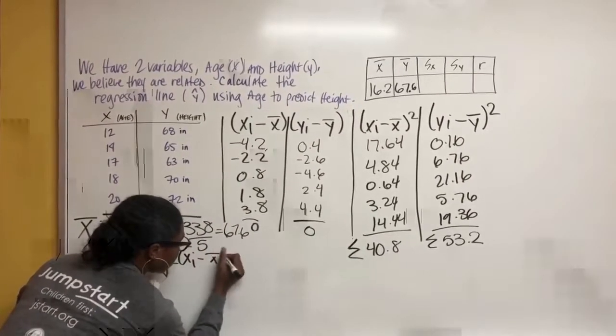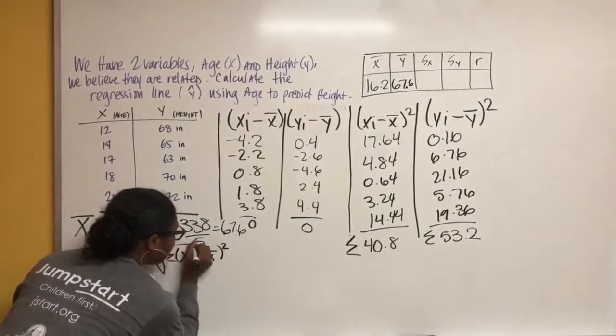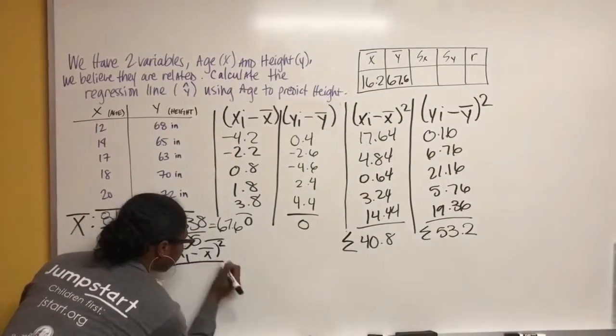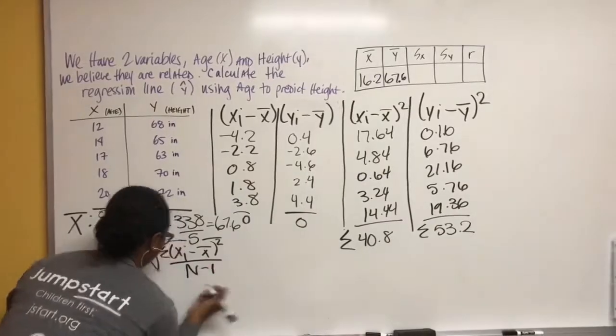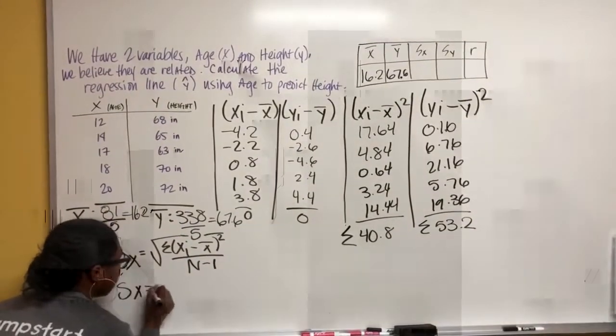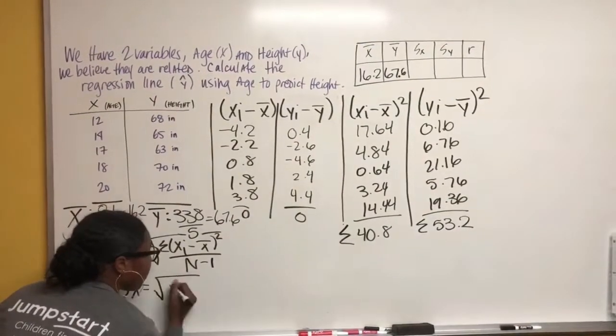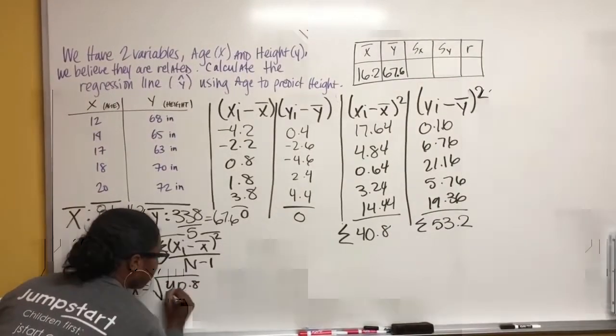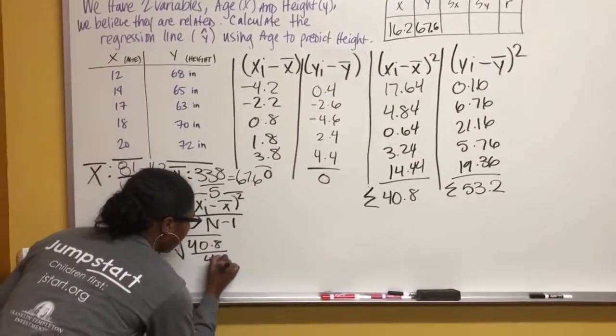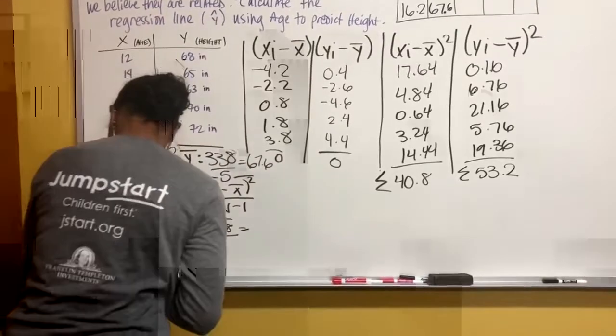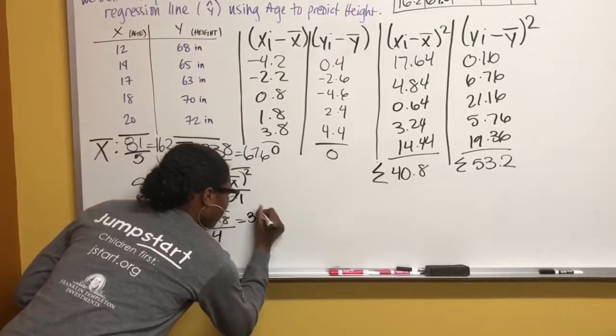So now for our equation, we're going to do Sx equals the square root of our sum of xi minus x bar squared divided by our sample size minus 1. So we get Sx equals the square root of 40.8 divided by 4, which gives us 3.19.